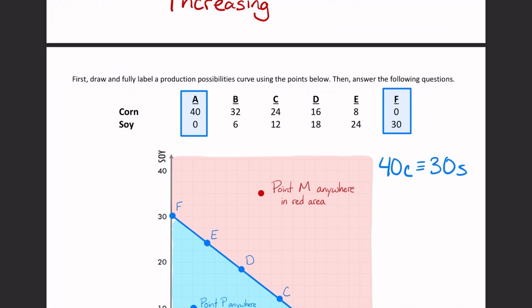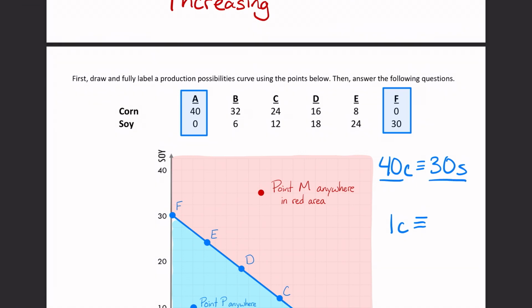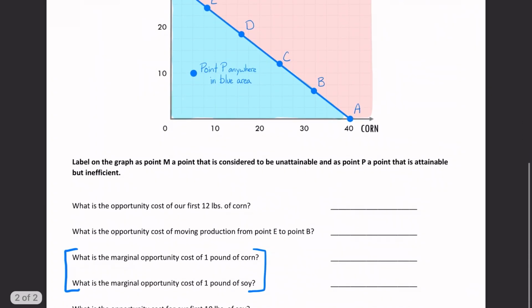But if we want to know the opportunity cost for just 1 pound of corn, what do we do to both sides? Well, we can divide both sides by 40, because the 40s would cancel. 30 over 40 simplifies down to 3 over 4 soy. So the opportunity cost for 1 pound of corn is 3/4 of a pound of soy.